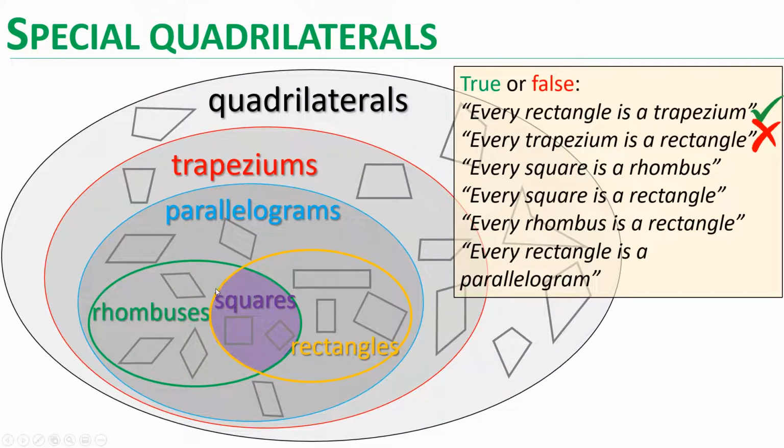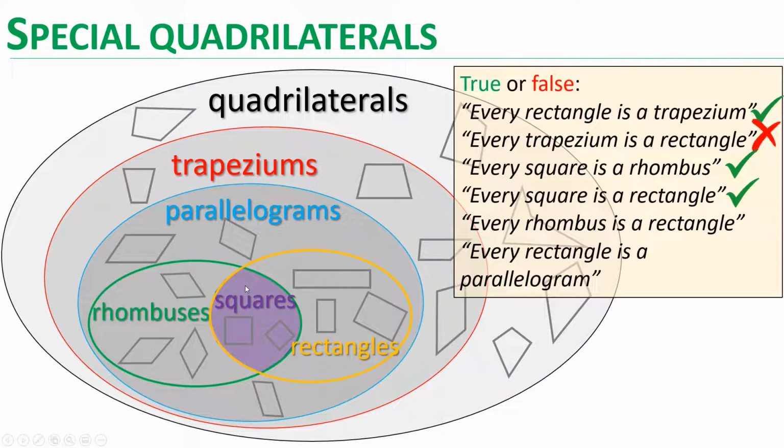Is every square a rhombus? Well, that means if we look at the squares here, are all of these squares also in the group of rhombuses? Well, they are. So every square is indeed a rhombus. Is every square a rectangle? Well, same question, but now are all of these shapes also in this bigger group of rectangles? Yes, so every square is a rectangle. Is every rhombus a rectangle?